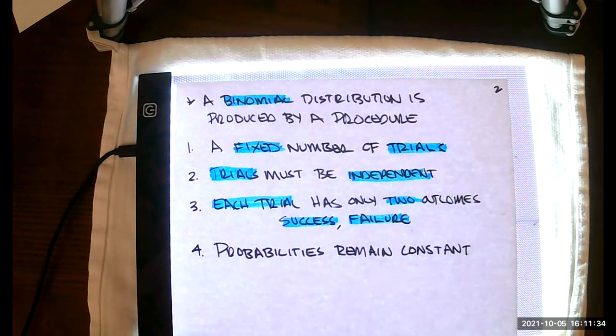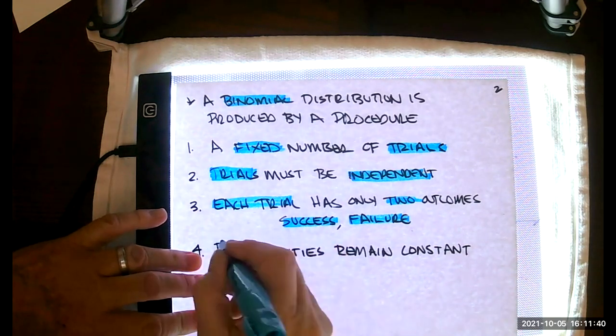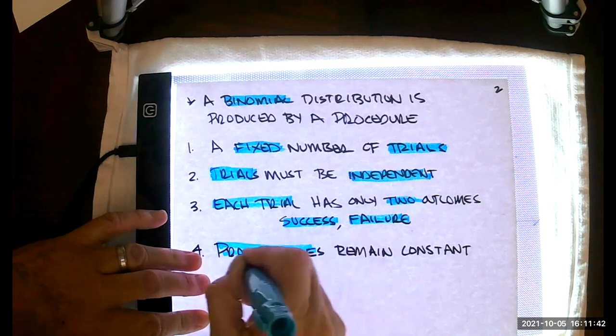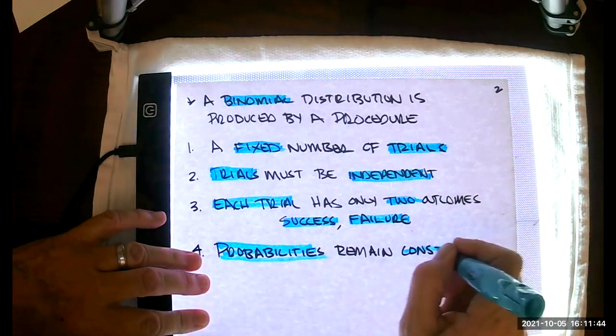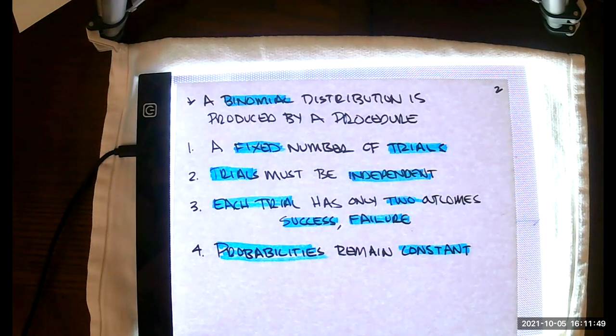You call one success and one failure. Also, as you work through all of those trials, however many there are, the probabilities must remain constant. They must not fluctuate from trial to trial. You flip the same coin over and over again, the probability of a head or a tail remains the same for each of those flips.